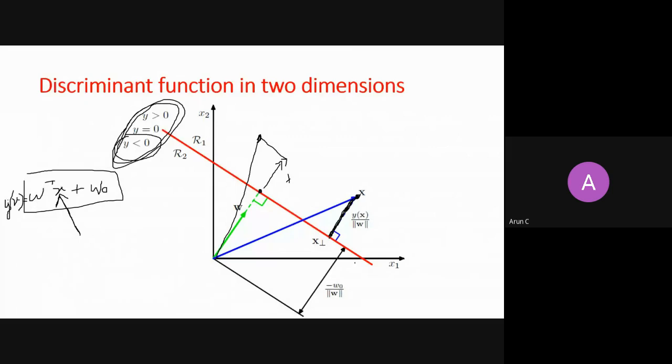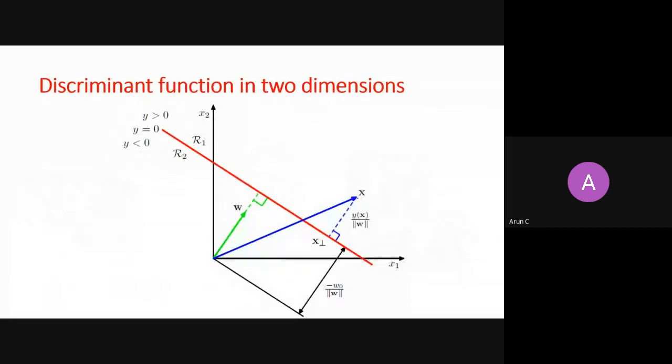Finally, I am interested in what is my orthogonal distance. So I am interested in deriving this, right? So what I can do, I just say that this x is a sum of this vector x orthogonal.